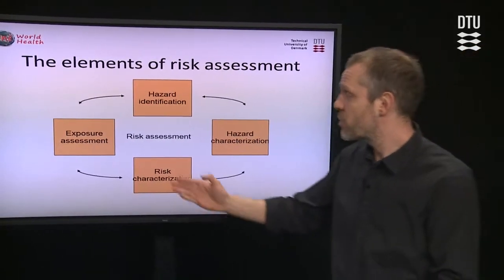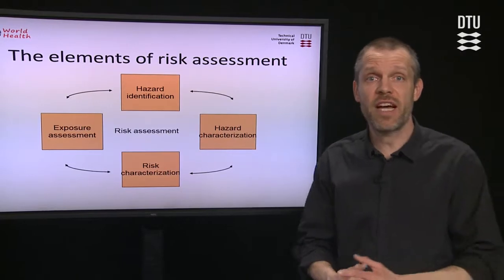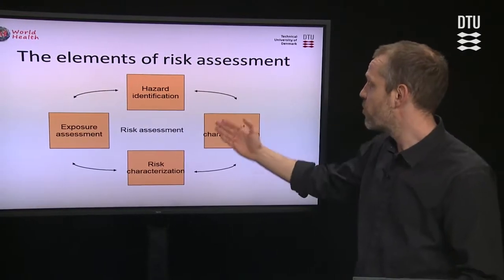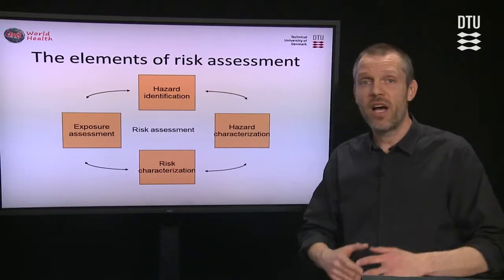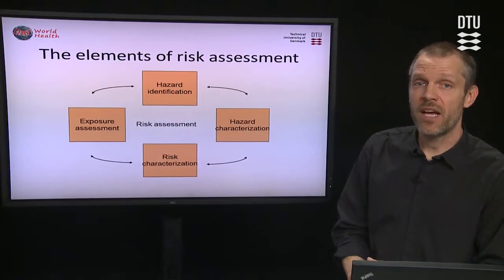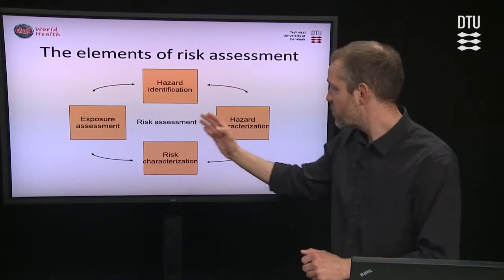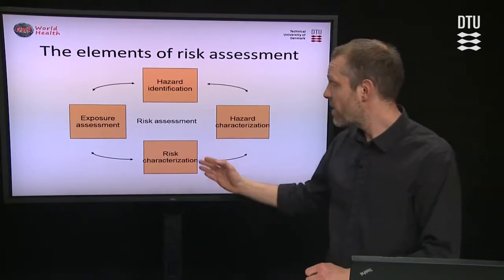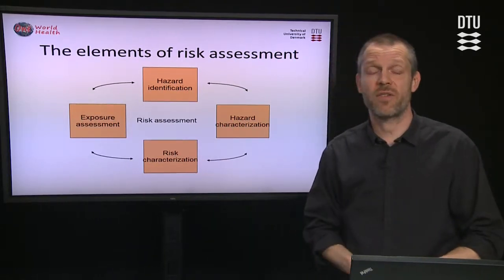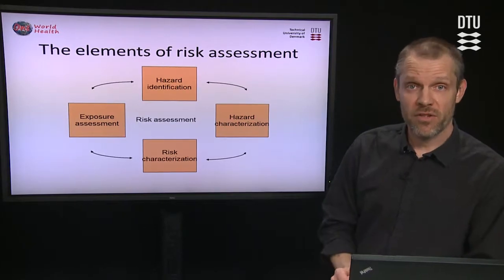And then we work with exposure assessment: how the humans or animals are exposed to this hazard. We also look at how the humans or animals react to the exposure, and that goes to the hazard characterization. And finally, we bring exposure assessment and hazard characterization together and try to come up with a risk characterization. The risk characterization also includes the answer to the question.